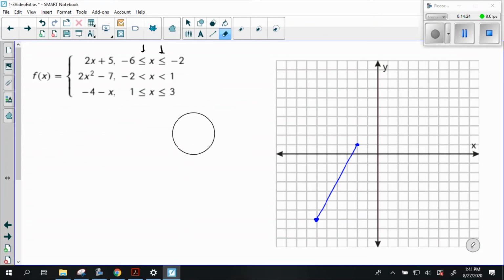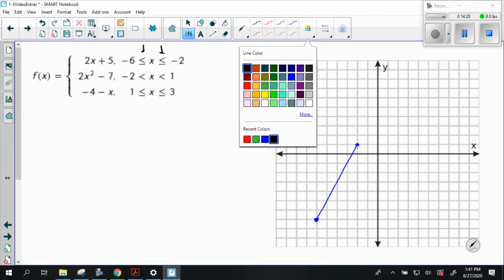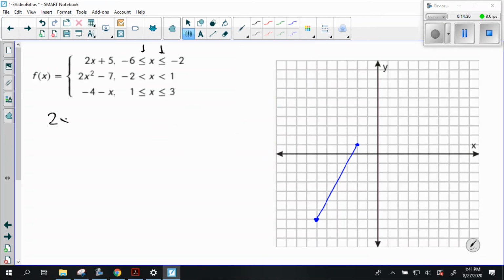the next piece of our piecewise function, which is 2x squared minus 7. We want to know what's happening when x equals -2. At x equals -2, that's -2 times -2, 4 times 2, 8 minus 7 is 1.